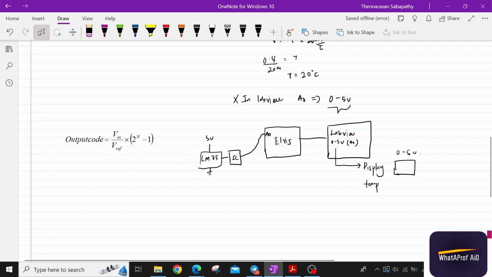If they see any sensible value, then they say okay. So they try and error, multiplying the 0 to 5 with this. But that's not the accurate, right way to do it.